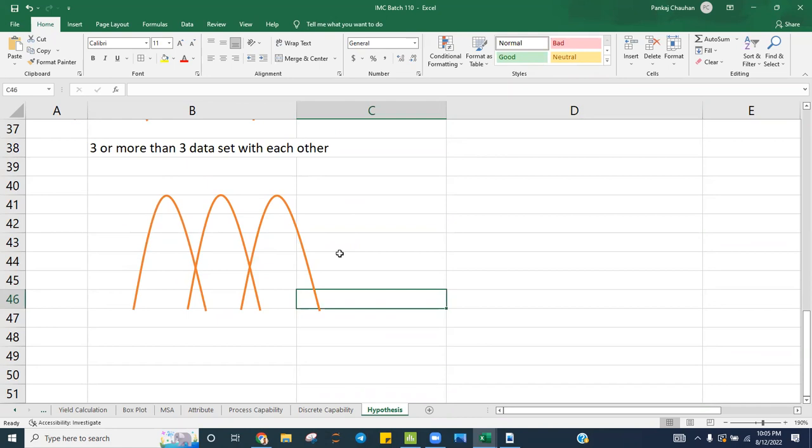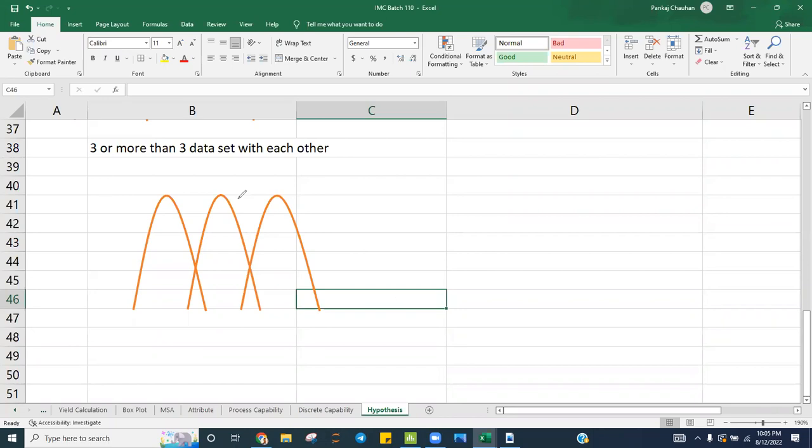This is null because it's overlapping. Okay. Any other thought from anyone? Anyone, guys? This is an alternate hypothesis. This is not null. Why?